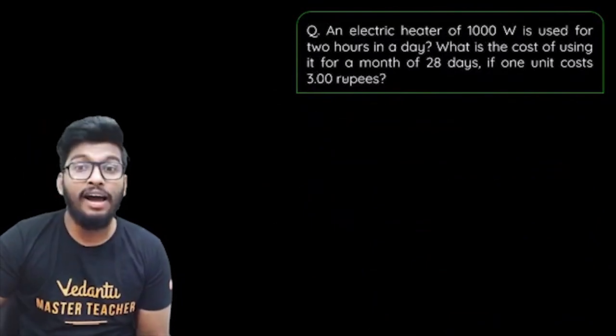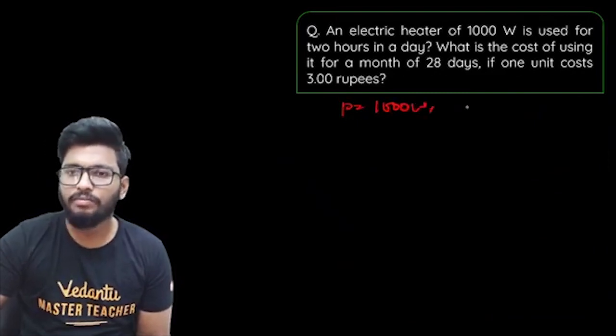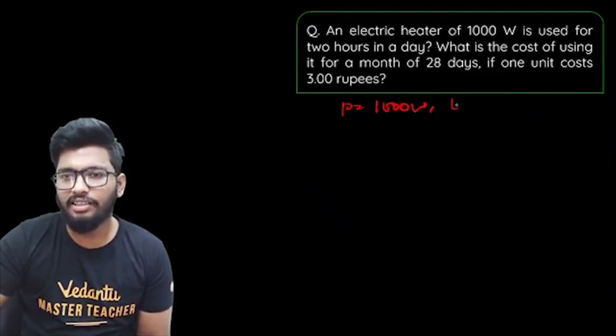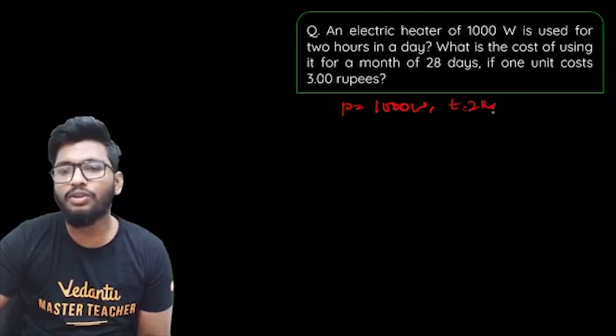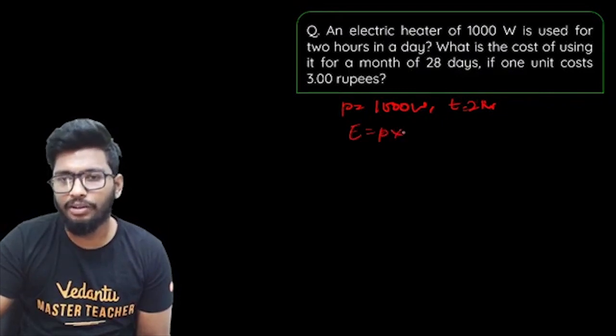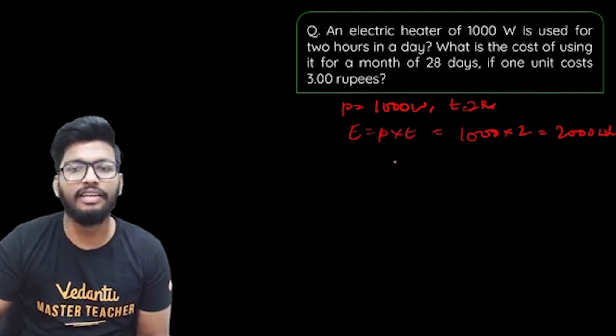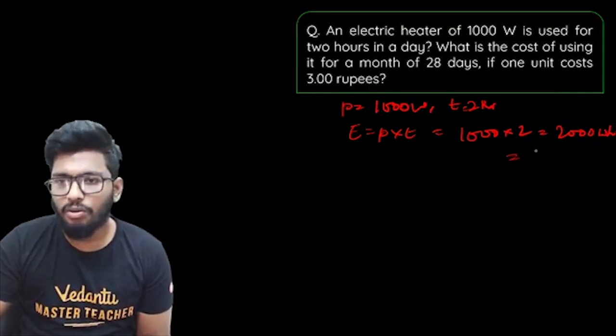Come on. So the power consumption is given as 1000 watts. Every day time taken is basically 2 hours. They're using it for 2 hours, and for 28 days, let's take it slow. So energy is nothing but power into time. So what is that? 1000 into 2, which is nothing but 2000 watt hour. Now convert this to kilowatt, so that's divided by 1000.